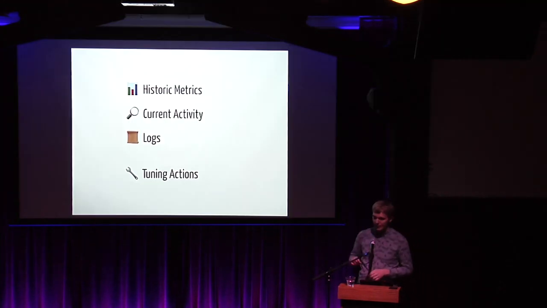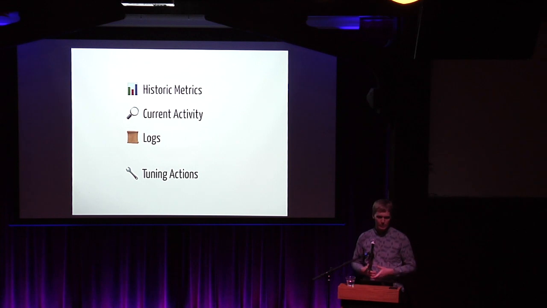Also, each slide is one of these 4 categories, and each topic that I'm talking about has one of these 4 topics. Either it's historic metrics, so things that we can look at in Postgres that we usually want to measure over time, that are usually in a table in Postgres that we can get data from. Then there's current activity. PgStat activity in Postgres is the best example. It tells us what's happening right now. Then we have logs.